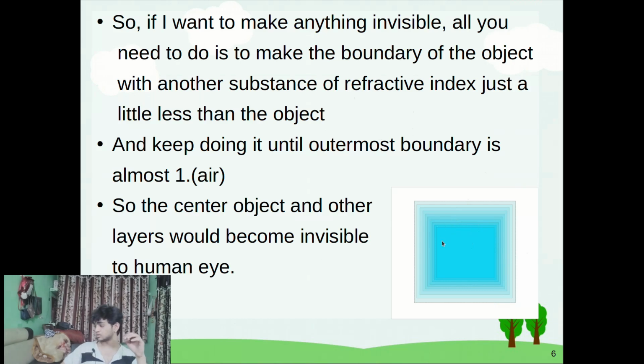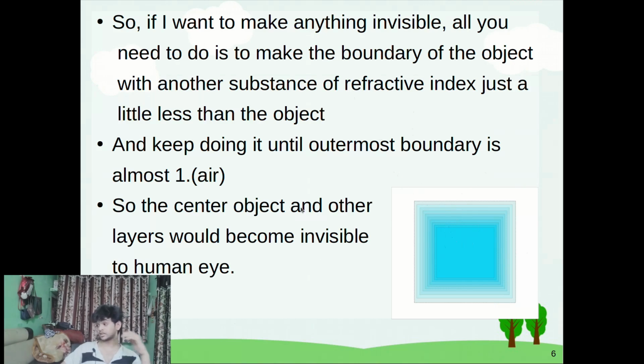Like this, I represented color with the refractive index. So suppose this is the object I want to make invisible. I make its boundary a little less refractive index than this one, then a little less, then a little less. As you can see, it almost gets whiter, representing that the refractive index becomes almost equal to the air's refractive index, 1.